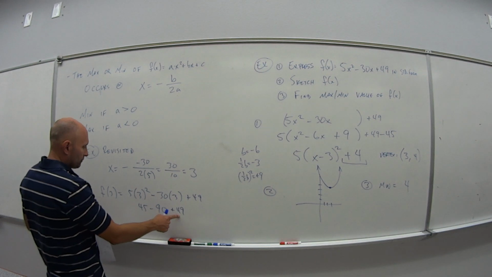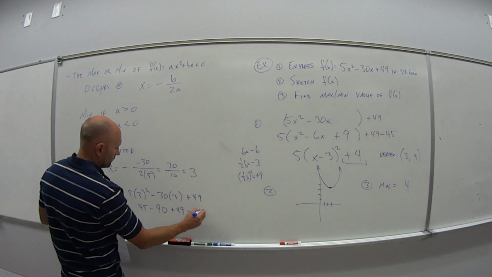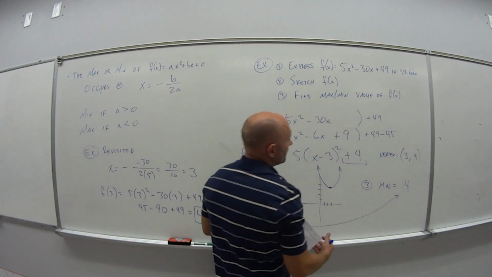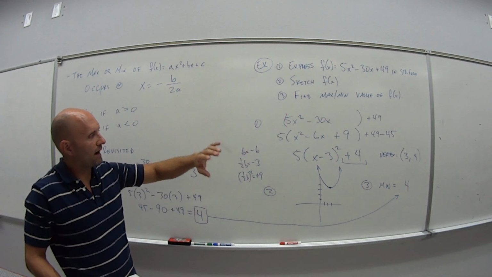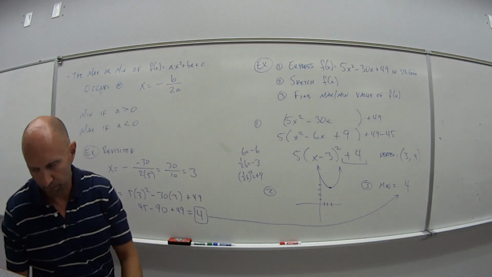So 45 plus 49 is 94, minus 90 is 4, which is the same value that we got by going the long route, factoring out the 5, completing the square, factoring it, figuring out our vertex.